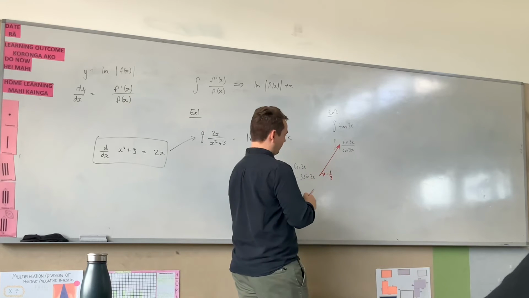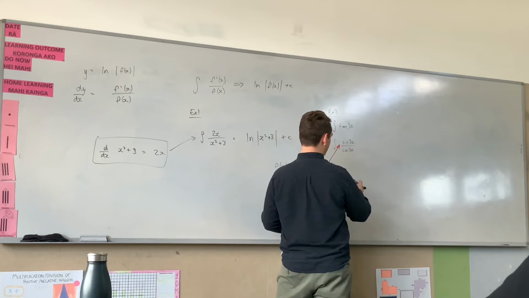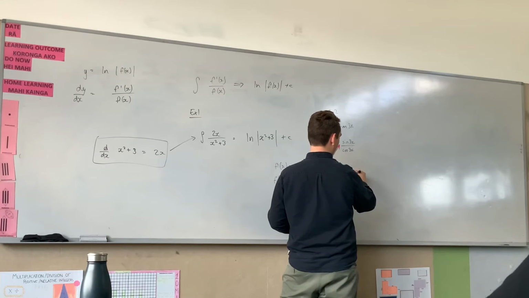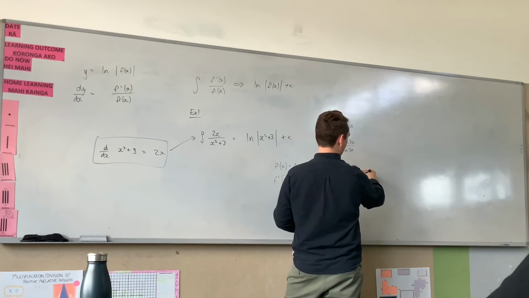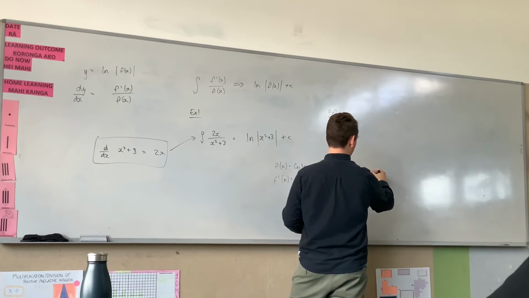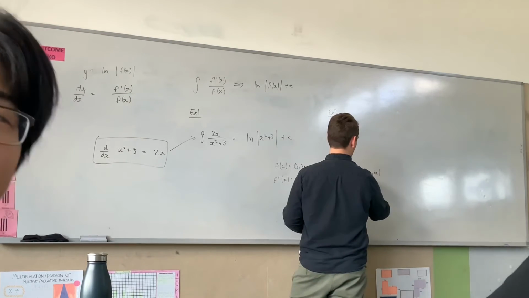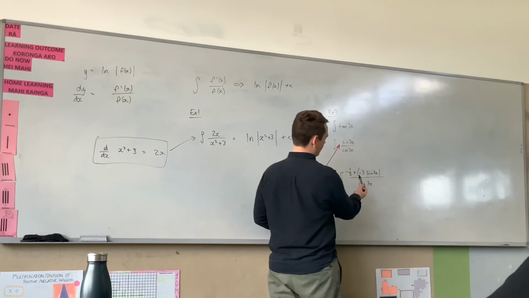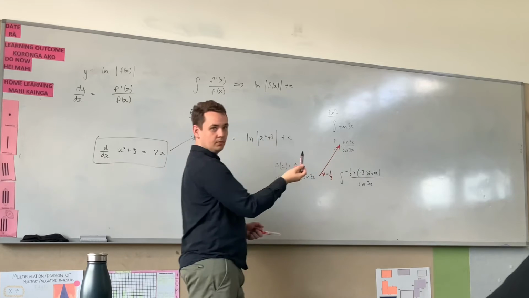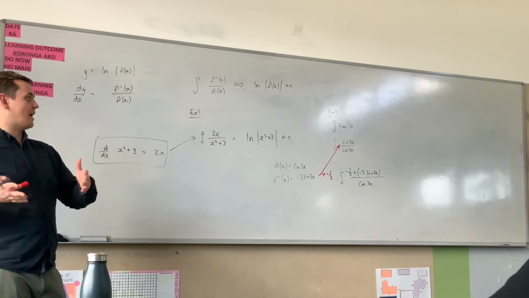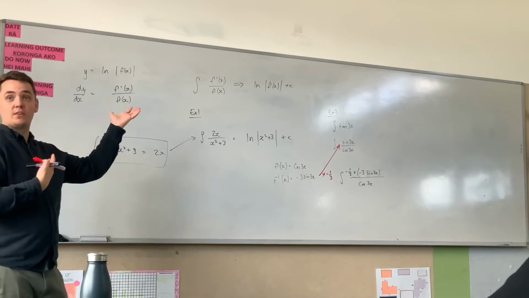So the top line can be written as minus a third times negative 3 sine 3x, all over cos 3x. So this is the same as that. And that means I can now integrate this.